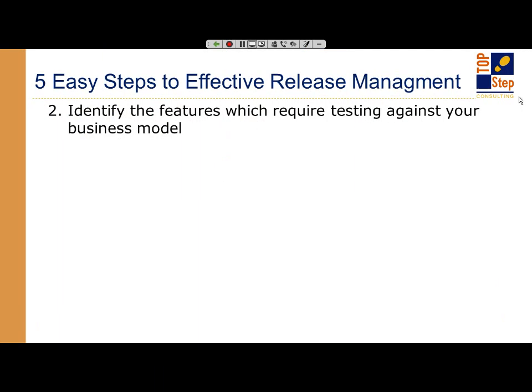The second is identify the features that you feel should be tested against your business model. So the releases that are coming out now for OpenAir, they're quite large. There's lots of functionality within them. How do you figure out which ones to test? We're going to talk about that a little bit later. But if there's a feature that says, oh, the buttons are now round versus square, you probably don't have to test that.